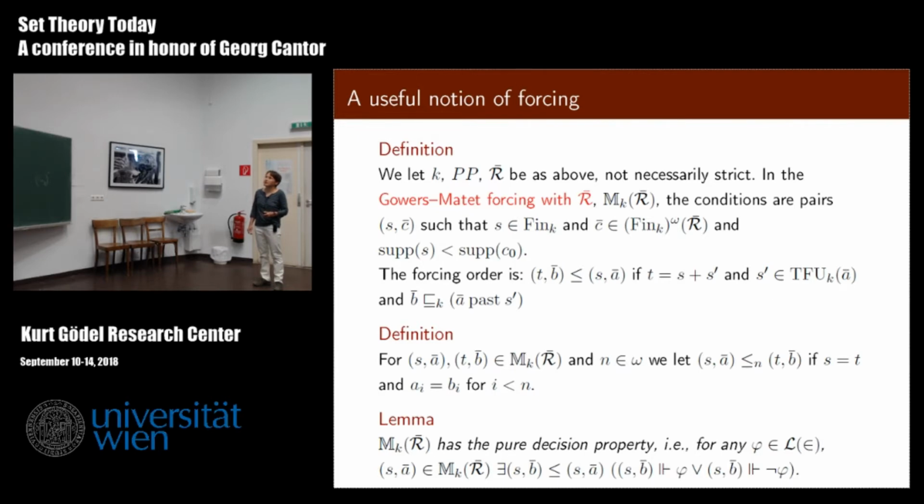So its conditions are pairs. The first part is the block, and the second part is a sequence of our parameterized space. And the block lies before the beginning of the sequence. And the forcing order is: the block is lengthened in the stronger condition by a part which is gotten from the reservoir, and here's this plus, but by this plus, of course, all the bounds will vanish.